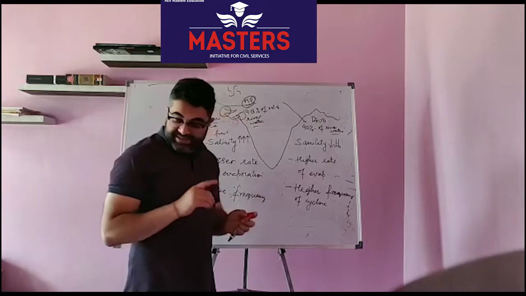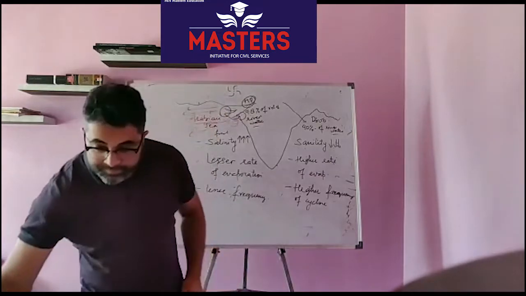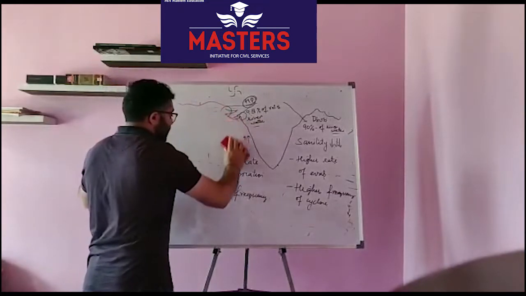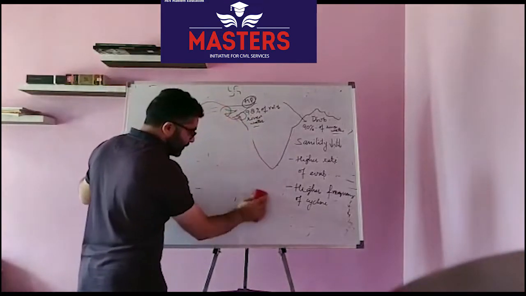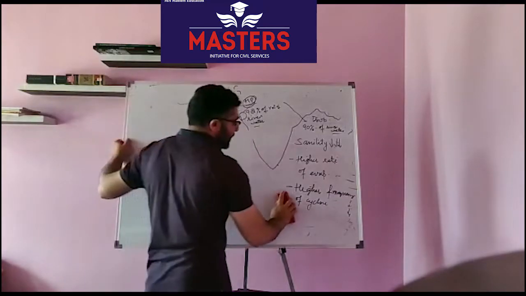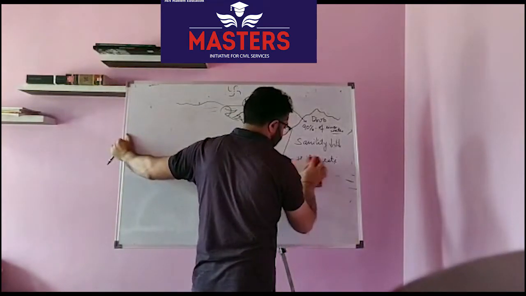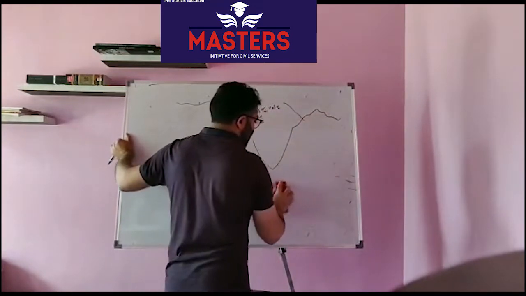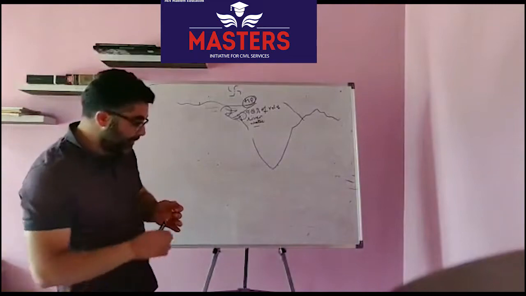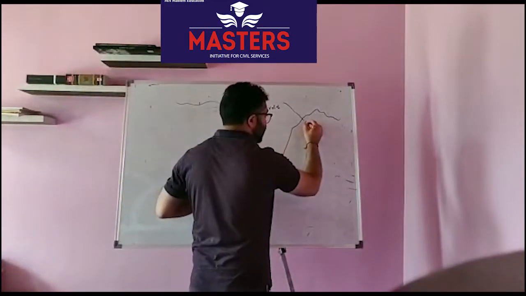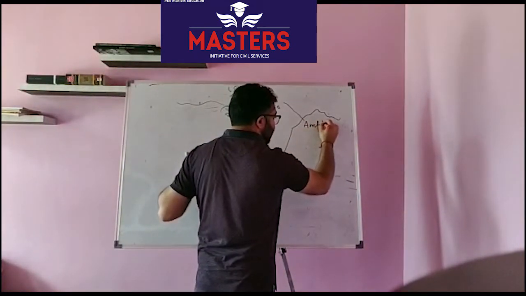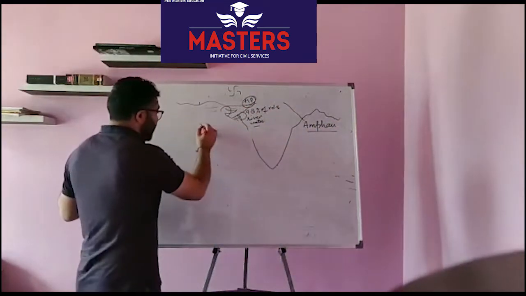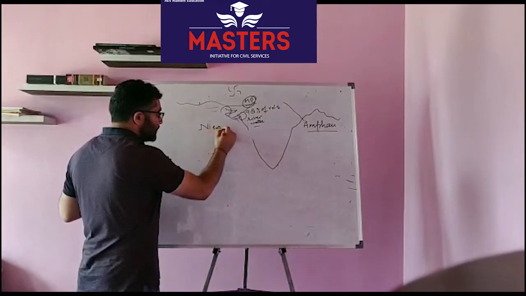Now, there is the second aspect. Let's come to the recent scenario: Amphan and Nisarg. A few days back, in the month of May, we had the Amphan super cyclone, and now Nisarg.